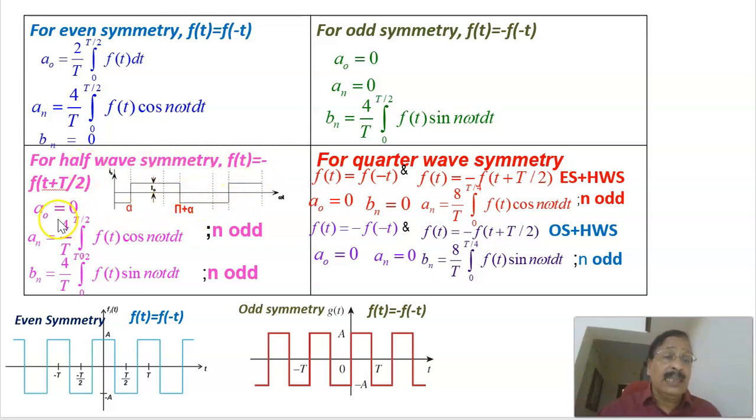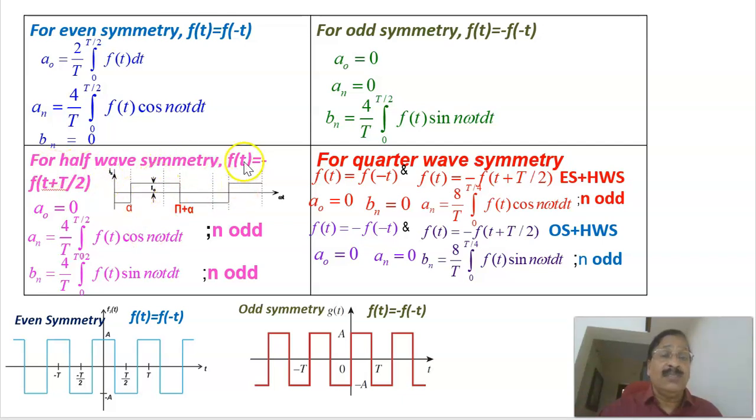In this case, a0 equals 0 and an equals 4 by T integral 0 to T/2 f(t) cos n omega t dt, where n is odd, and bn equals 4 by T integral 0 to T/2 f(t) sin n omega t dt, where n is odd. Therefore, these are the Fourier constants a0, an, and bn for half-wave symmetry.